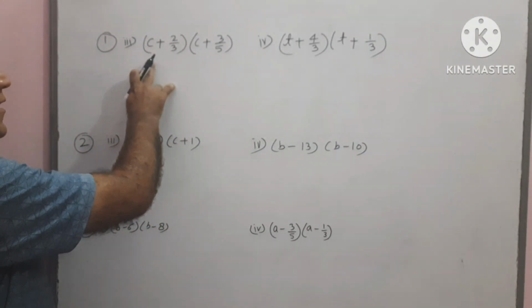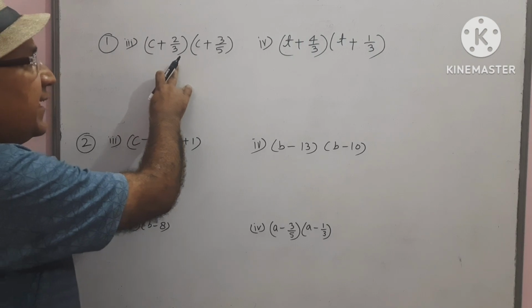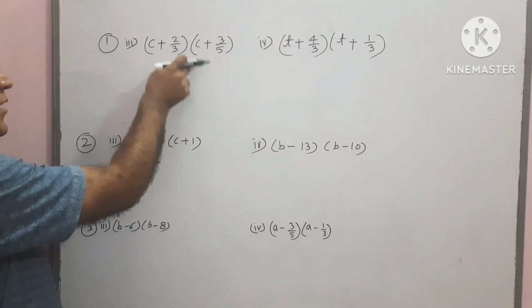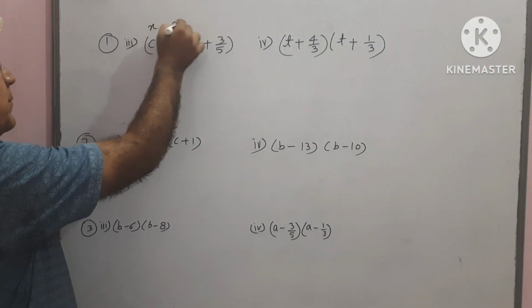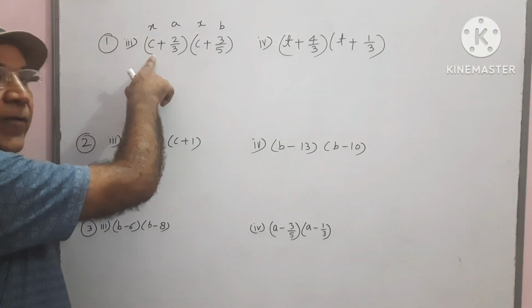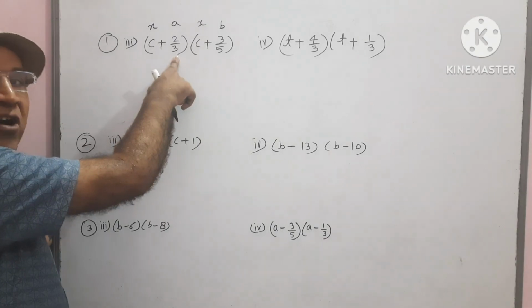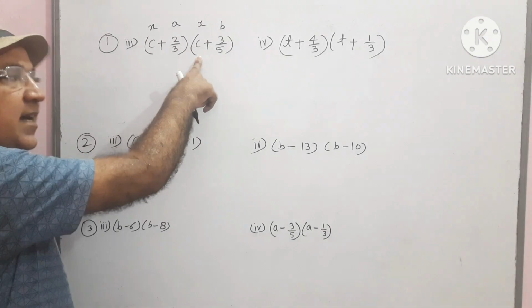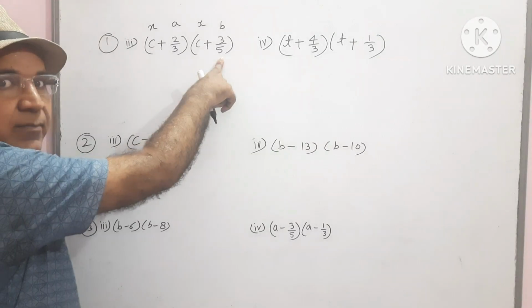See once again. (c + 2/3)(c + 3/5). Again, this one looks like (x + a)(x + b). At the place of x there is c, at the place of a there is 2/3. At the place of x there is c, at the place of b there is 3/5.